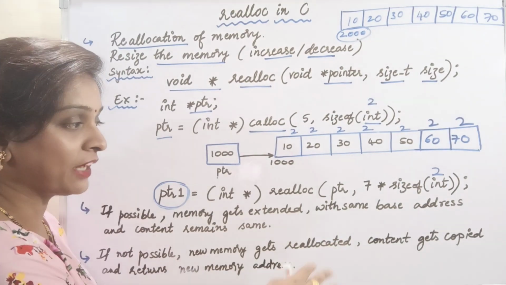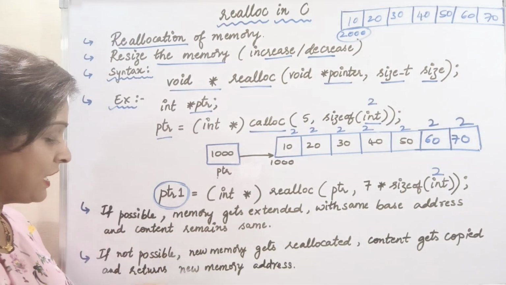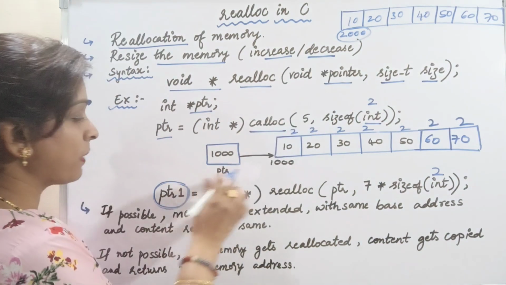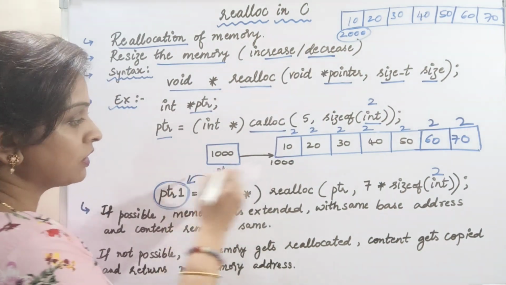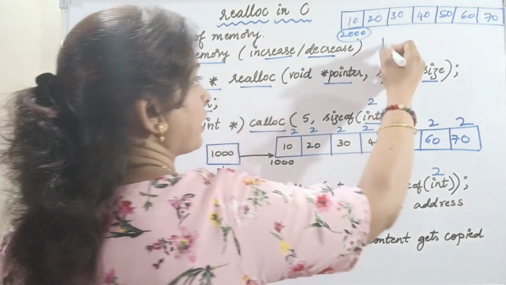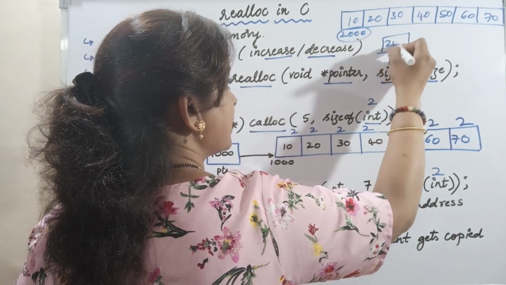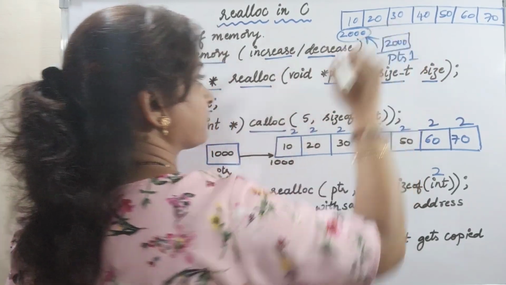It gets reallocated, content gets copied and it is going to return the new memory address. So this new memory address will be written. Here I may have a new pointer by name PTR1 which is pointing to this base address.